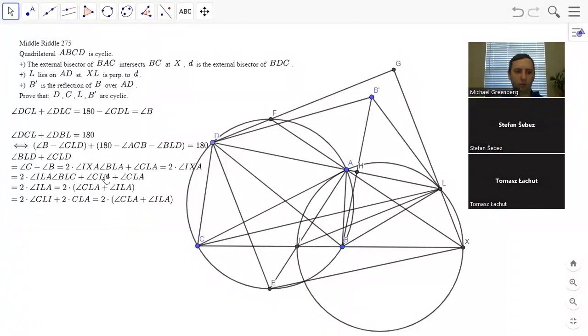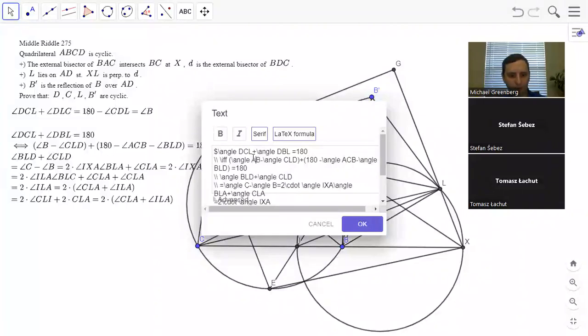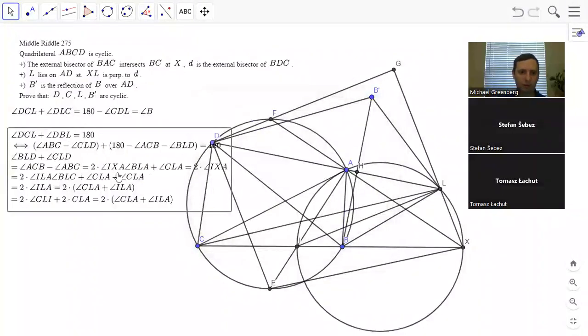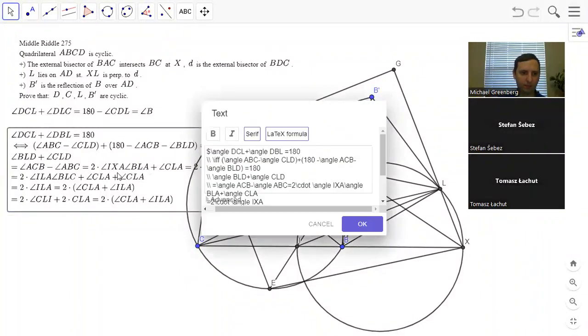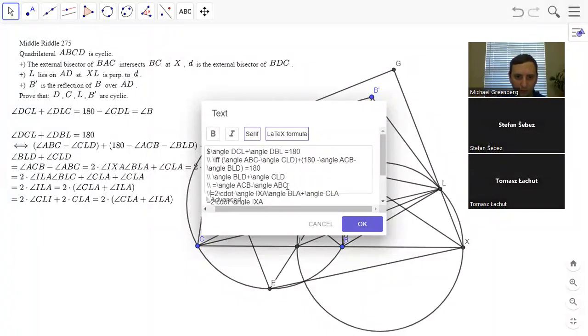Okay. So for C, I'll say ACB. I'll just rewrite these out. ABC. And then this is ACB minus ABC. Let me just add one more line here.